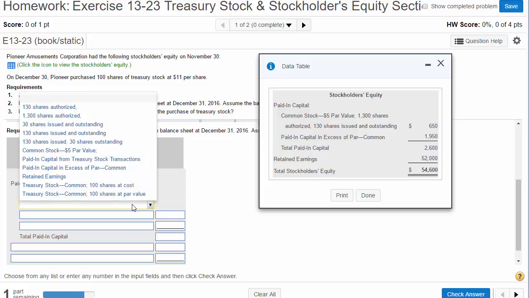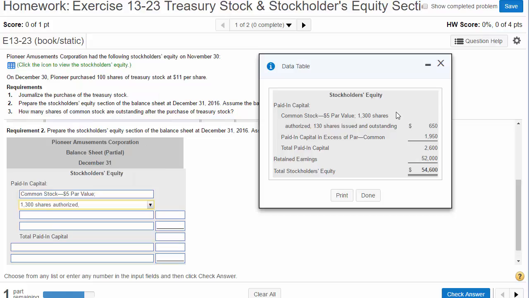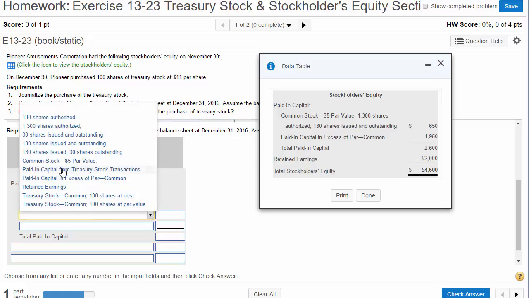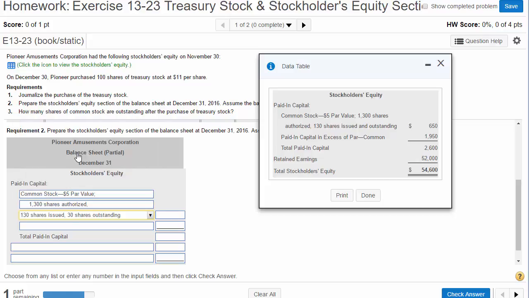Treasury stock does not affect that. We had 130 shares issued. Treasury stock does not affect that, but outstanding, we had 130 outstanding before, so when we buy back 100, we have 100 less outstanding. So we got 130 shares issued and now only 30 shares outstanding.